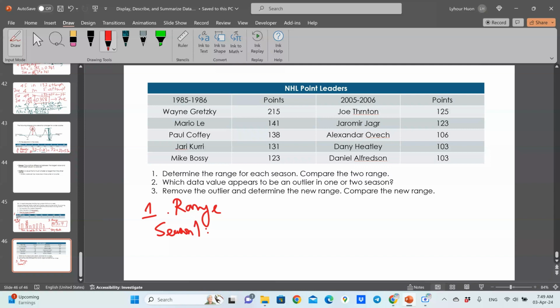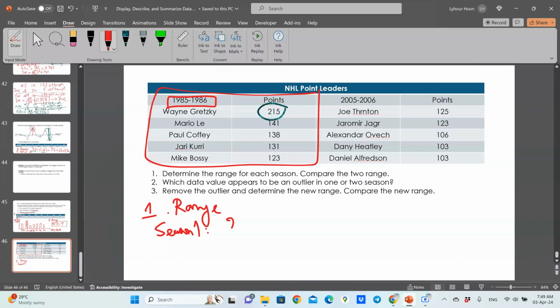Let's say season one is 1985 to 1986. For this season, in order to find the range, we take 215, subtracted by 123.